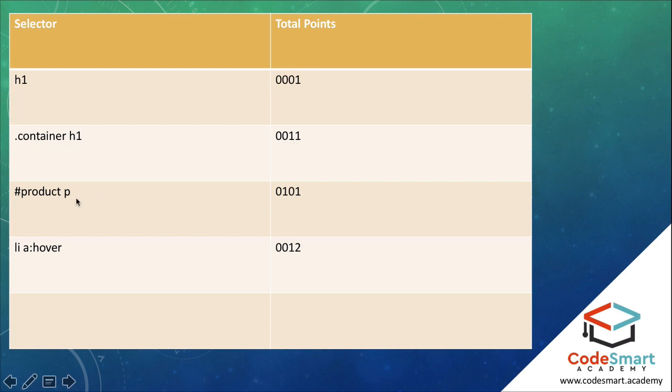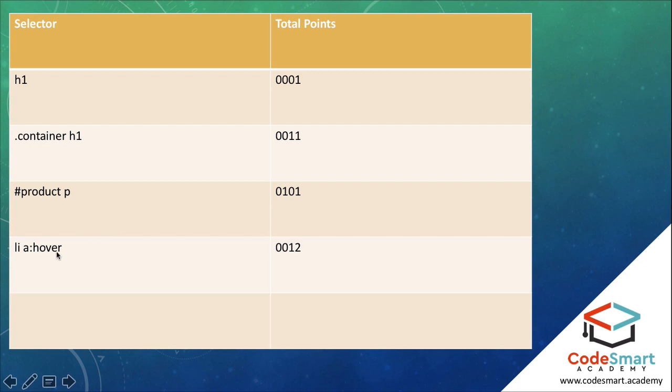Just below this, we've seen before that an ID has 100 points. And then just like we mentioned, a normal CSS selector, such as P, is a single point. This then totals 101 points, making it more valuable than the top two.